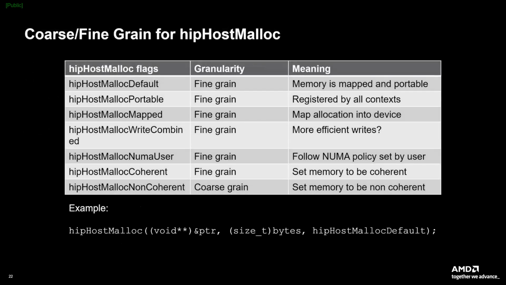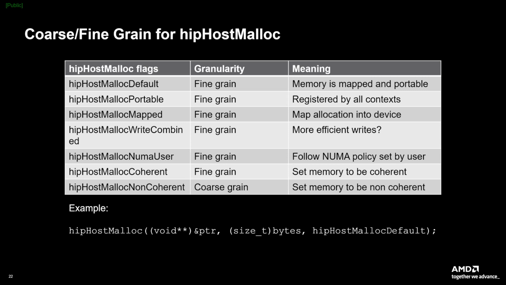So what granularity do we get back? Well, we can add a flag to the malloc calls that give us different kinds of granularity back.